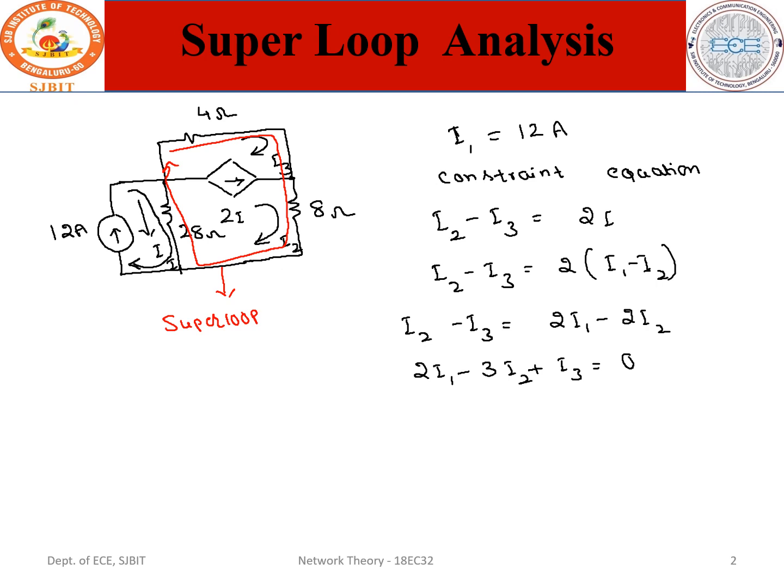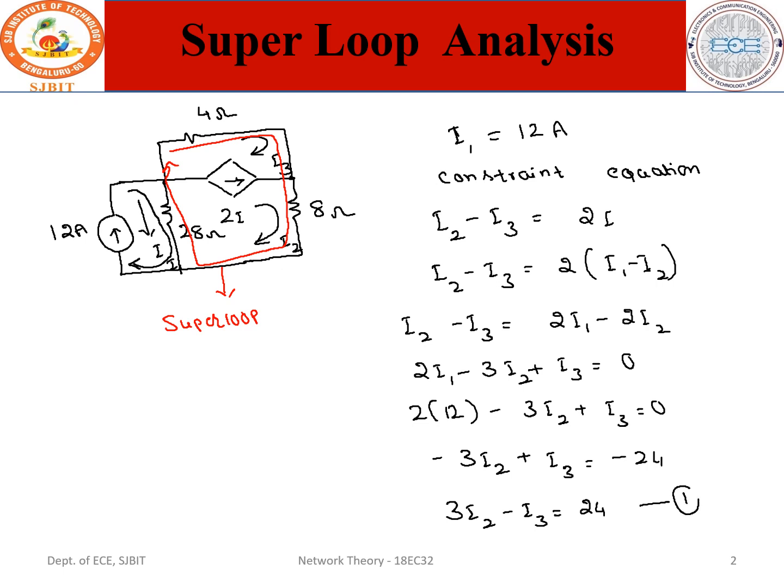Already we know the value of I1, so substitute: 2 into 12 minus 3I2 plus I3 is equal to 0. This becomes minus 3I2 plus I3 is equal to minus 24, or you can write it as 3I2 minus I3 is equal to 24. Call this equation 1.